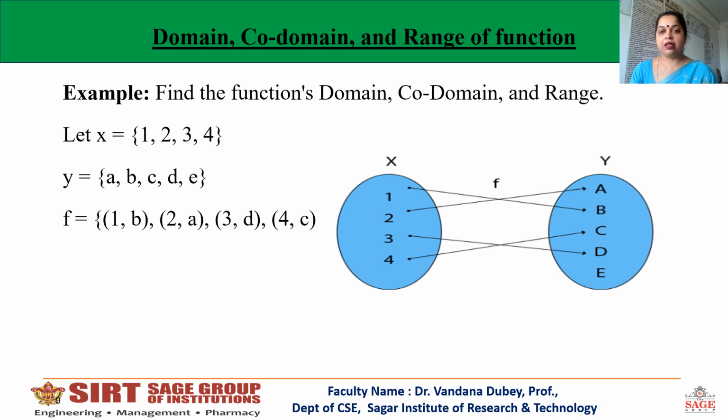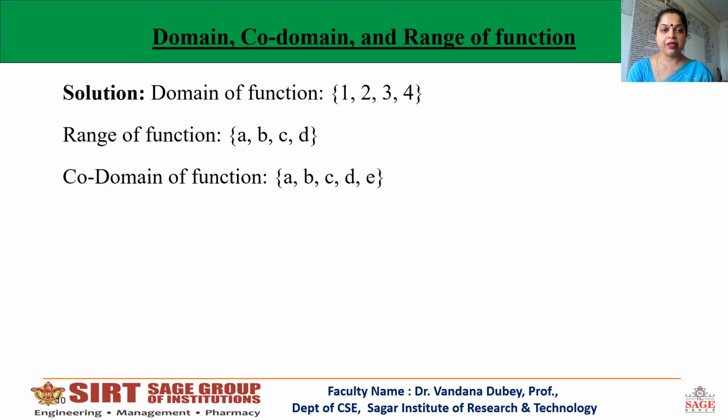Moreover, the codomain would be whatever the elements of the second set are, and the range would be only those elements of set Y which are being mapped with the elements of set X. Let us analyze the solution.